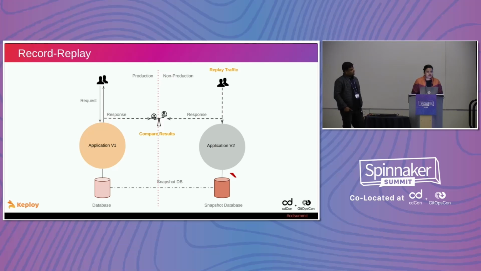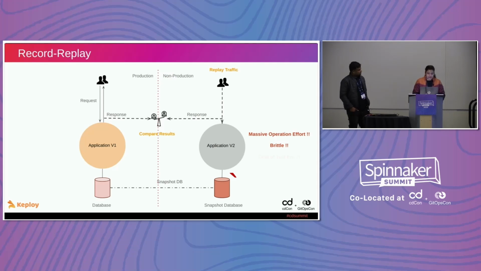The problem was that only one time can you test your traffic because the state of the database is the same. After that, your tests start breaking, and there is a lot of flakiness in the tests. So the pipeline becomes brittle.